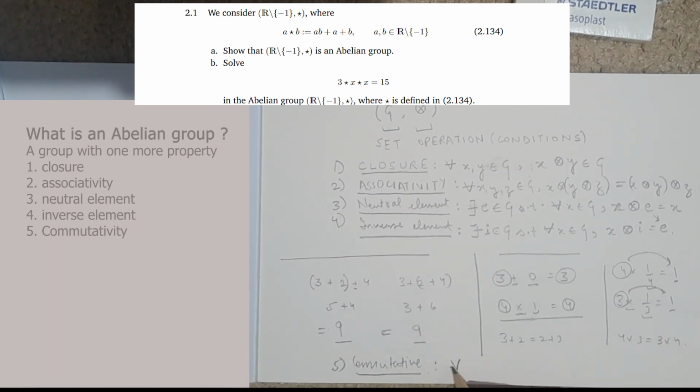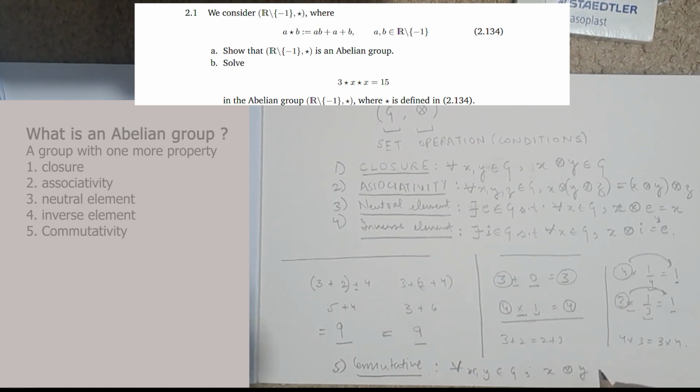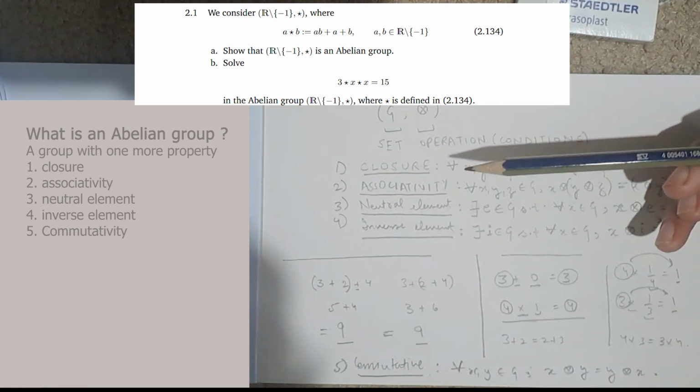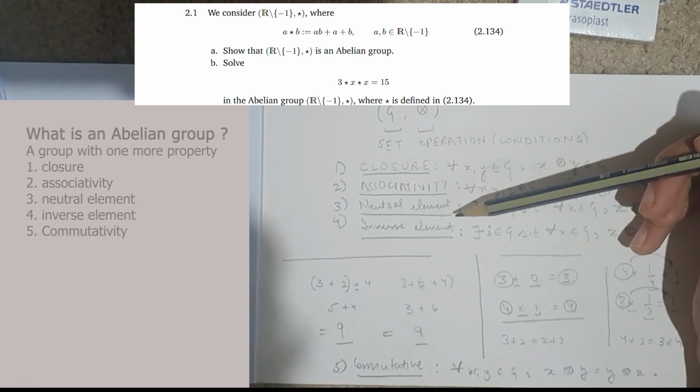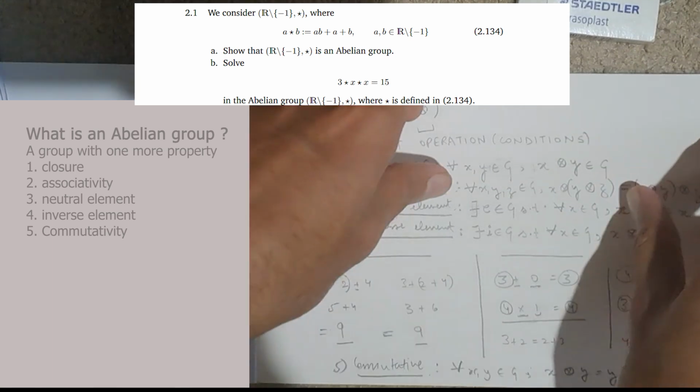So it says for all x, y in G, this makes it commutative. And if it is closed, associative, neutral, inverse, commutative, it's called an abelian group. That's it. That's how simple it is.